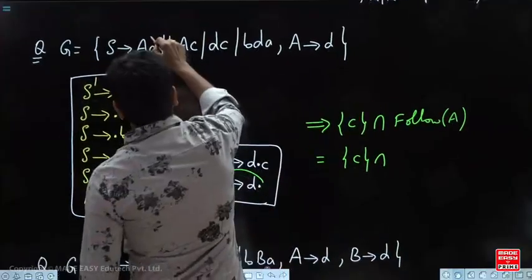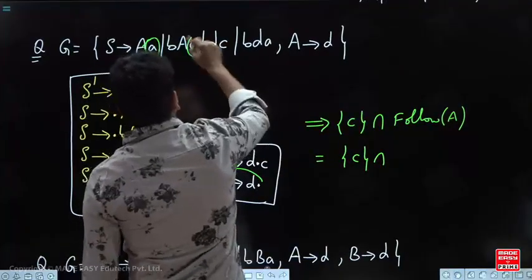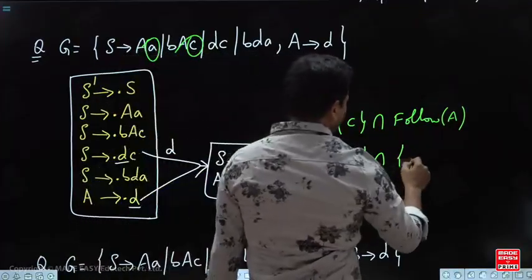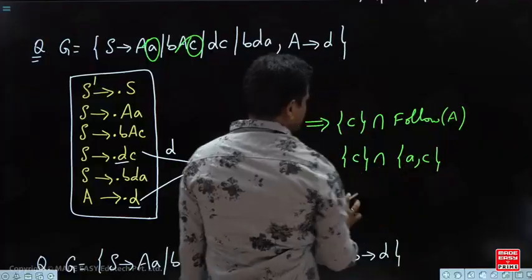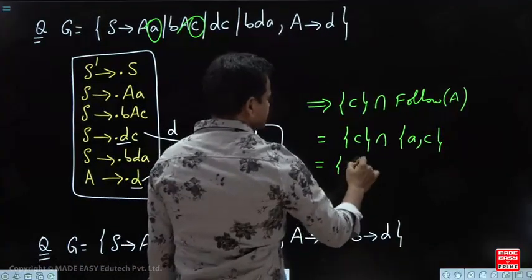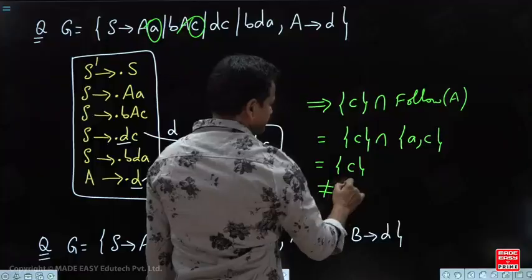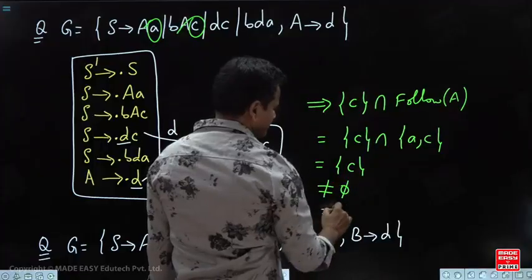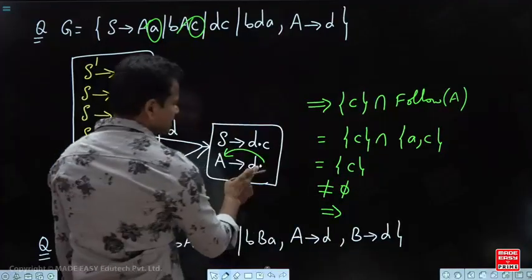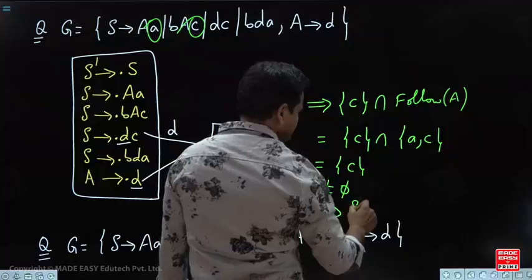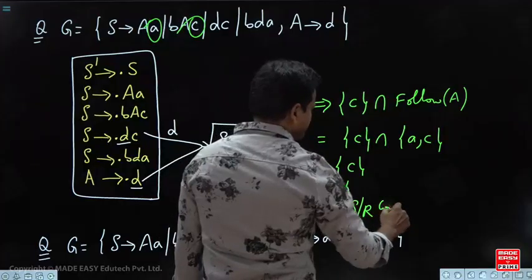Follow of A is A and C. So follow of A is AC. So what is the C intersection AC? C. Empty or not empty? Not empty. So what kind of conflict? One is shift symbol and one is final item. Implies shift reduce conflict.